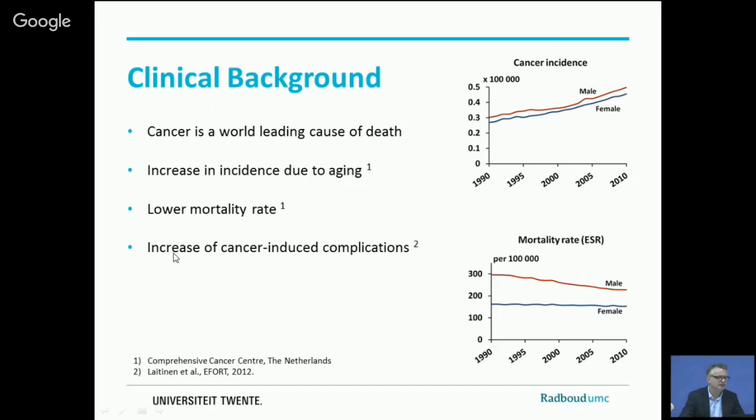However, therefore there is an increased cancer-induced complication rate. If people die with cancer, there is no complication. If people live long with cancer, there are all other things that we need to manage. So there are complications, and one of the complications is metastasis.